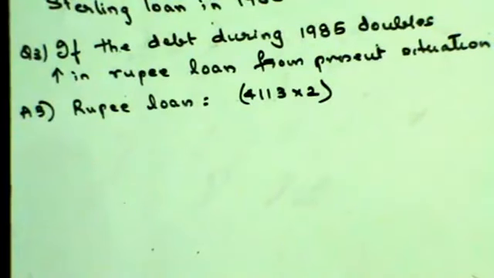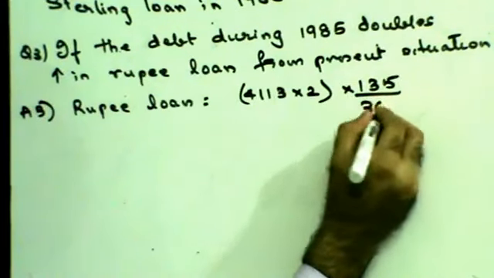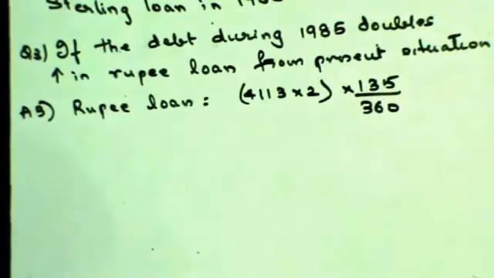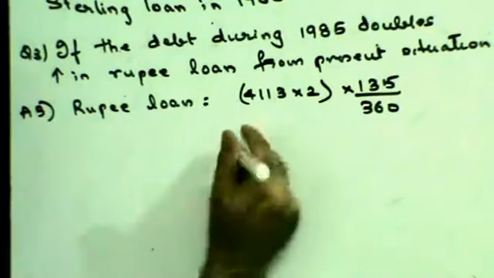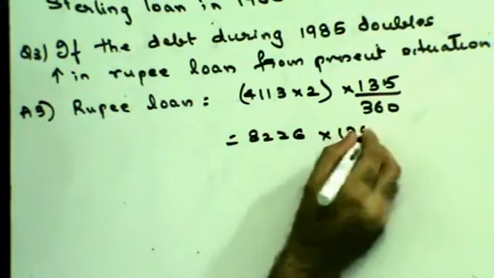Rupee loan is 135 degrees. So my new rupee loan will be 135 divided by 360 into the new debt, which is 8226.